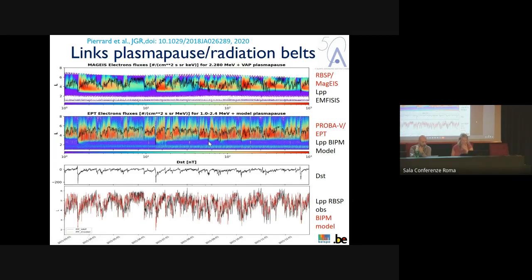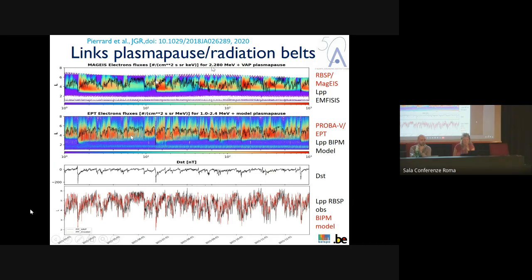Here you have again a comparison of what is observed with Van Allen probes. At the top you have in black the plasmapause position measured by EMFISIS, and the color scale corresponds to the outer radiation belt, the flux of particles at 2.2 million electron volts.